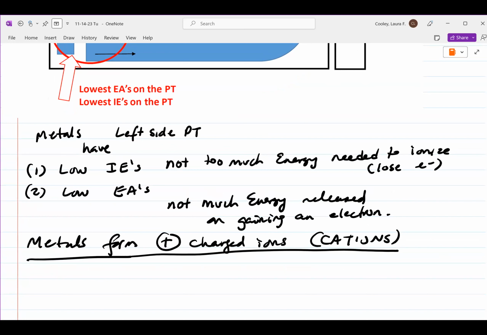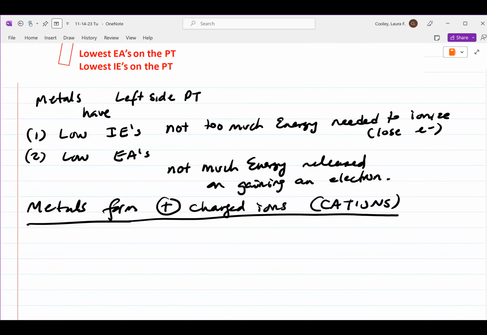Would they form an anion? Their electron affinity is not very high. Not much energy would be released if they formed an anion. So basically metals tend to form positively charged ions because of their low ionization energy and low electron affinity.